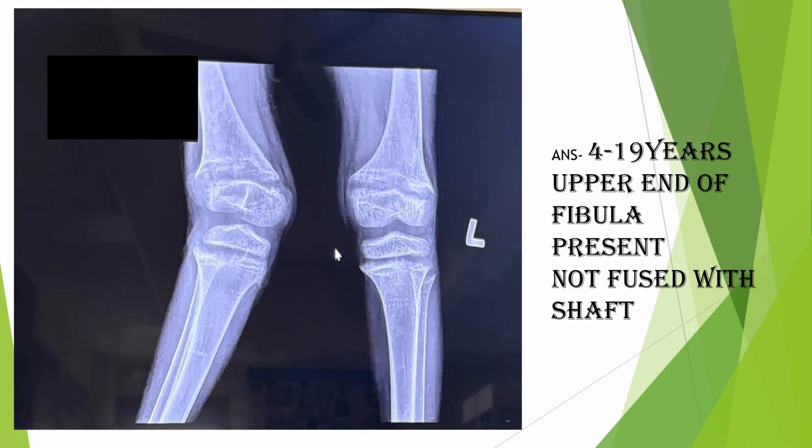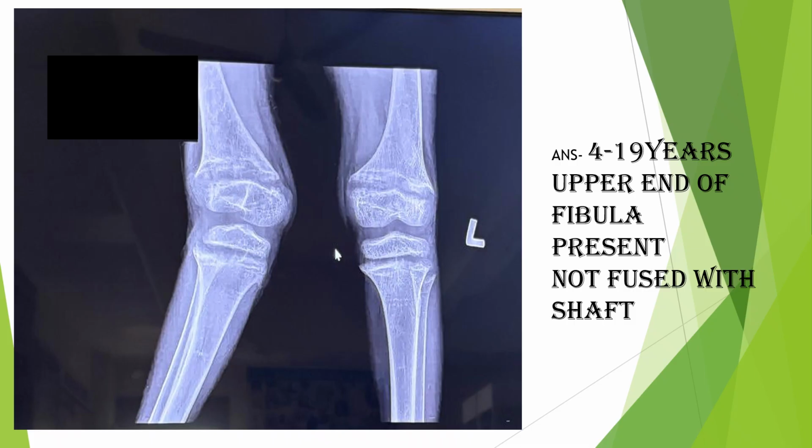Now we'll see this diagram. In this diagram, you can see the lower end of femur has appeared. Its appearance is 9 months of intrauterine life and it fuses by 18 to 19 years. And the upper end of fibula, okay, here you can see the upper end of fibula has appeared.